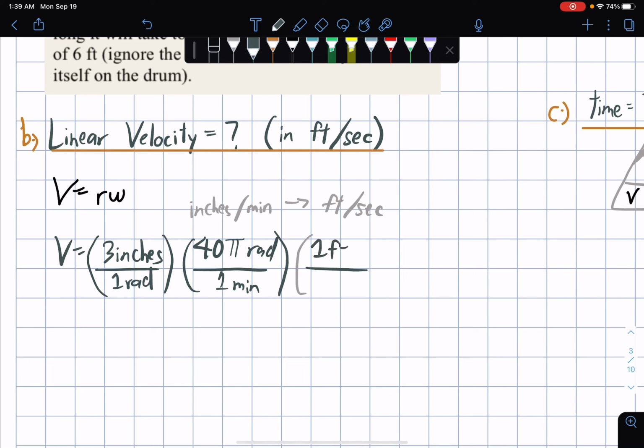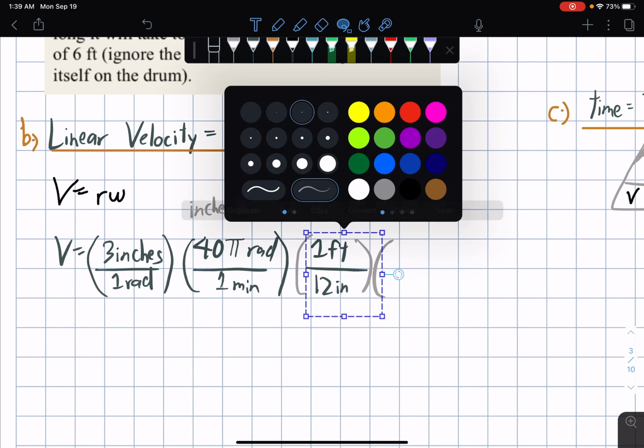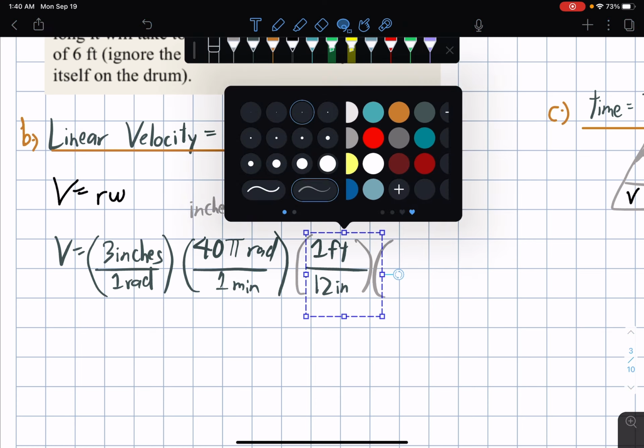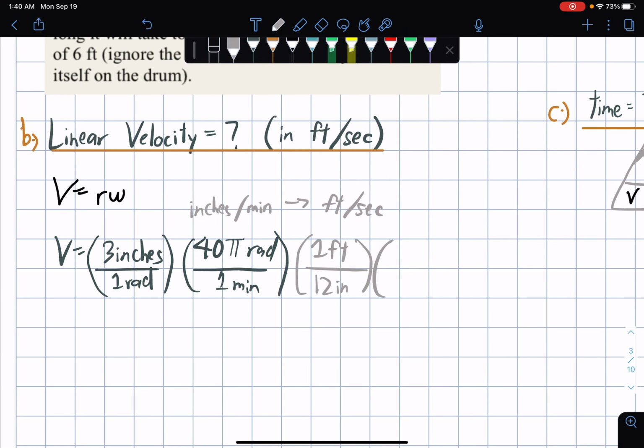So 1 foot is 12 inches. Then for minute, 1 minute is 60 seconds. So cancel, cancel, cancel.